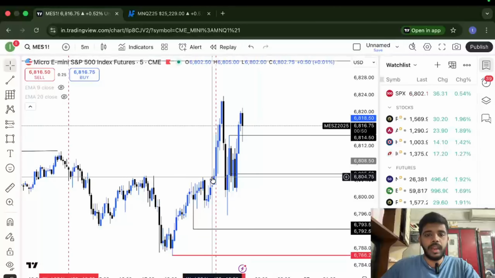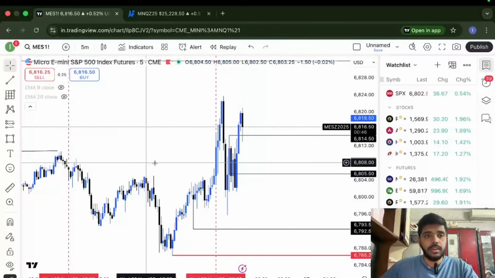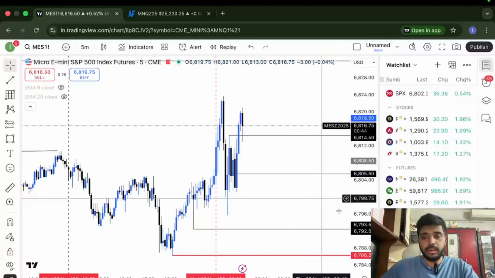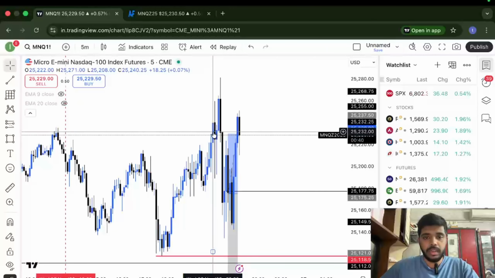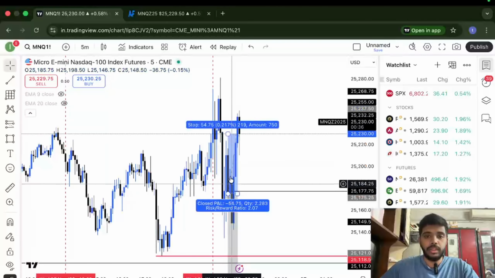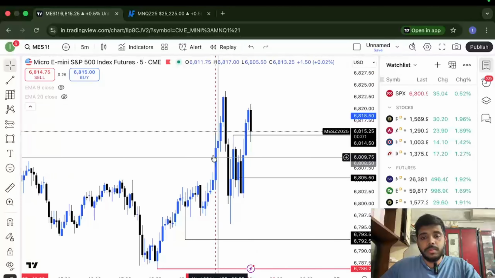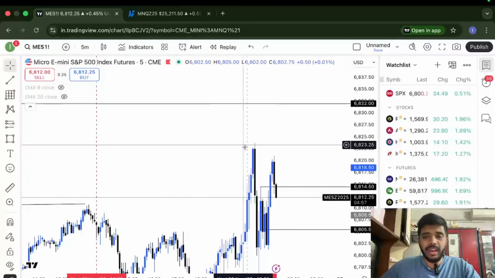Market opened and both of these indexes were moving in the opposite direction. ES opened higher, and as you can see Nasdaq gave us a bullish candle and then a bearish candle, then again a bullish candle, and from here I thought, okay, both of these indexes were moving in the opposite direction. We made higher highs on ES.